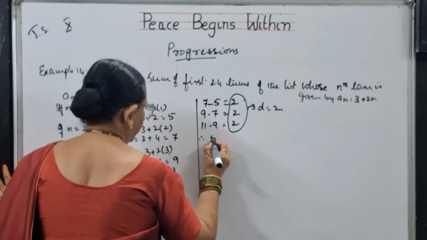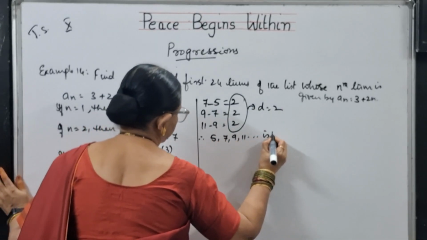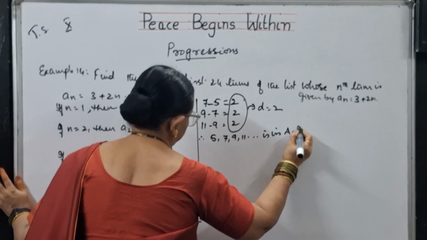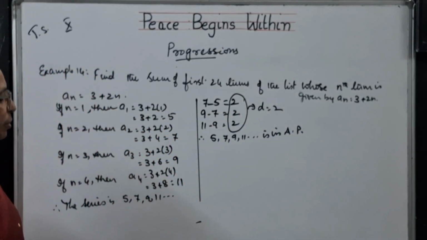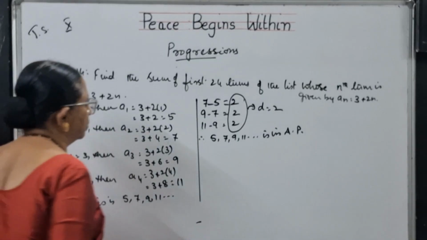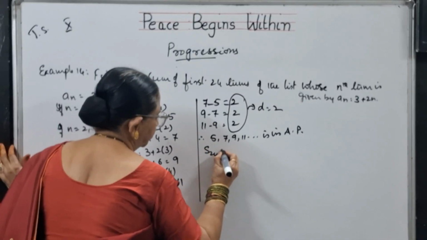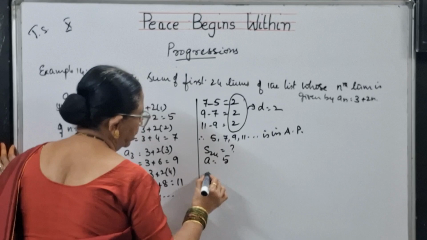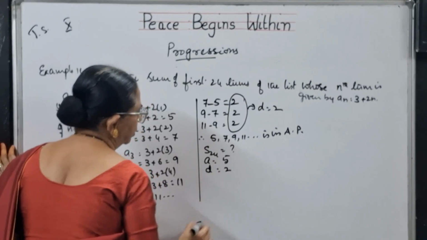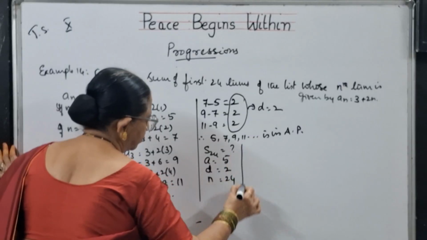Therefore, 5, 7, 9, 11, so on is in AP. We have understood that this is forming AP. After finding that out, they are asking the sum of the first 24 terms. We want S24 is equal to how much? Here a is equal to 5, d is equal to 2, n is equal to 24.